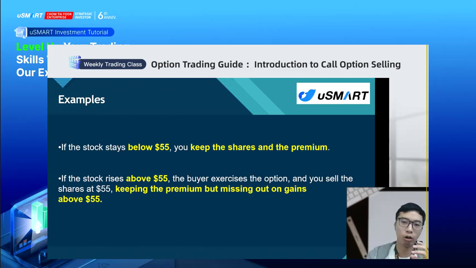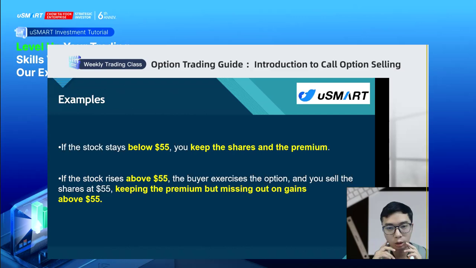Since you sold the call option, you already got the premium, but you miss out on the gain above $55. But remember, you still earn, because your initial plan is selling this $50 share at $55. When you hit $55, okay, I'm out. All right, this is your initial trading plan.